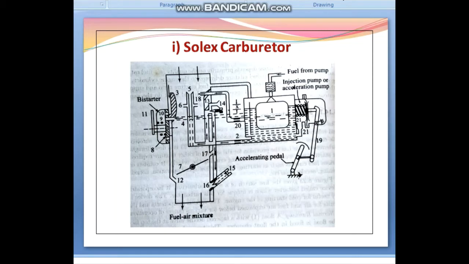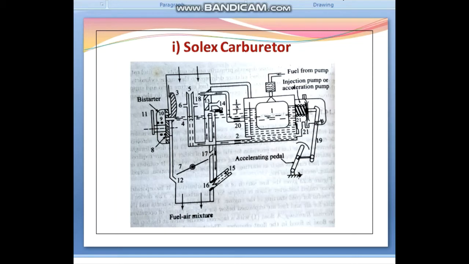The main metering jet, that is number 2, supplies the fuel and air comes through the venturi, that is number 3. The fuel from the main metering jet then goes into the well of the air bleed emulsion system. The emulsion tube has lateral holes, that is shown as number 4.